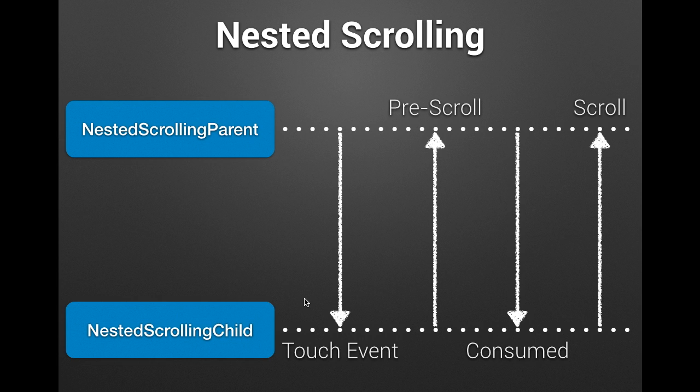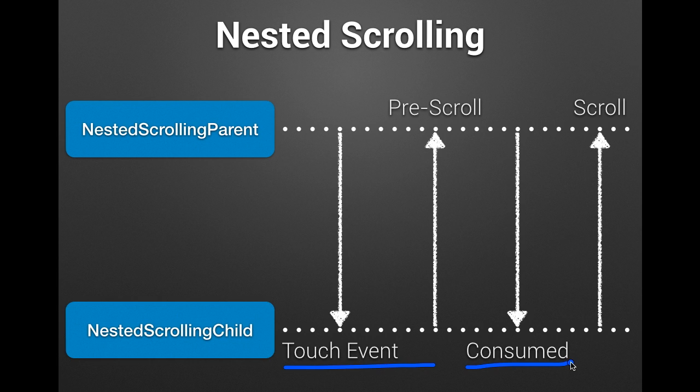So the idea of pre-scroll or pre-fling is that that is a state where the gesture detection has already happened, but the view itself has not responded to it. So it's not so much about anticipating that the gesture might happen. What we're saying here is that all the touch events have been delivered to constitute a fling.